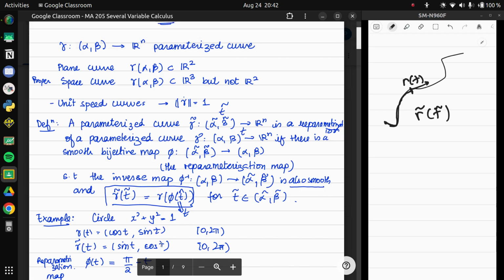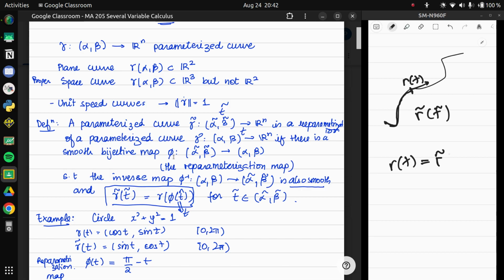Obviously the t value in these two parameterizations is not the same. To convert between these, you have a reparameterization map, denoted phi. Your r of t you rewrite as r tilde of t tilde, where t is given by phi of t tilde. So the full equation is r tilde of t tilde equals r of phi of t tilde. That's a reparameterization.